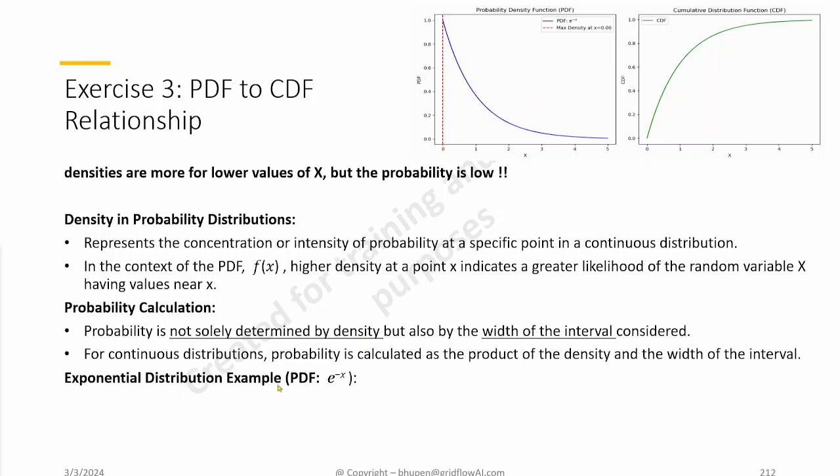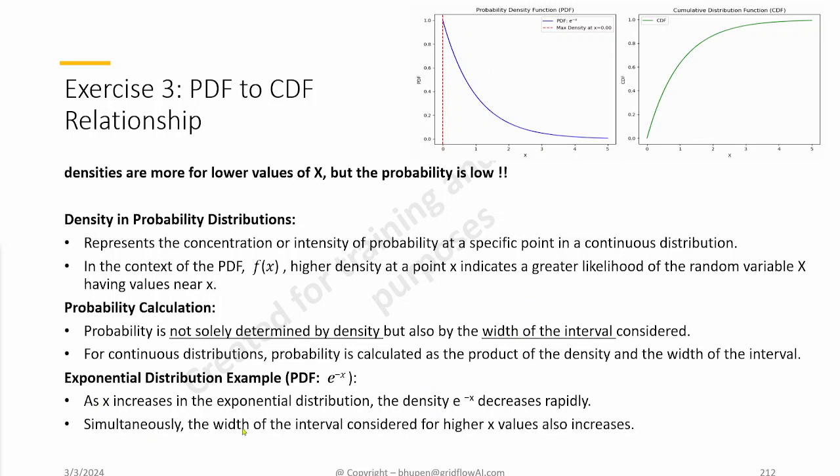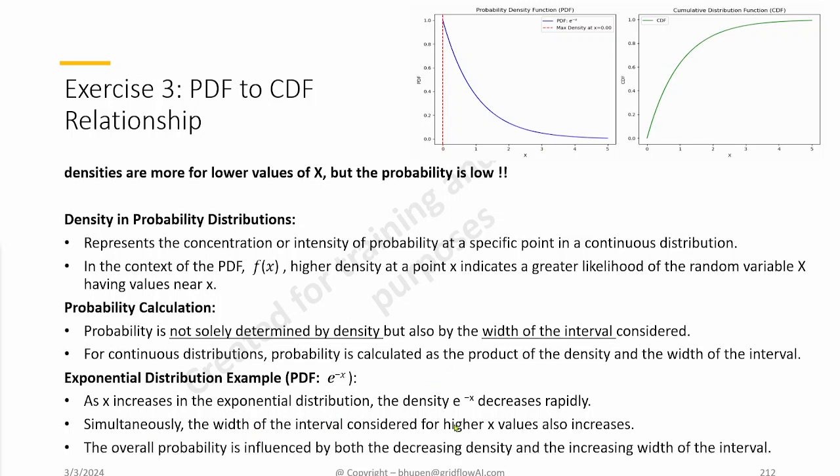All right, so for this particular case, exponential distribution e to the power minus x, as x is increasing, the density is decreasing because of the exponential nature. But simultaneously for the CDF, the interval is getting wider, and that's how the probabilities will increase.